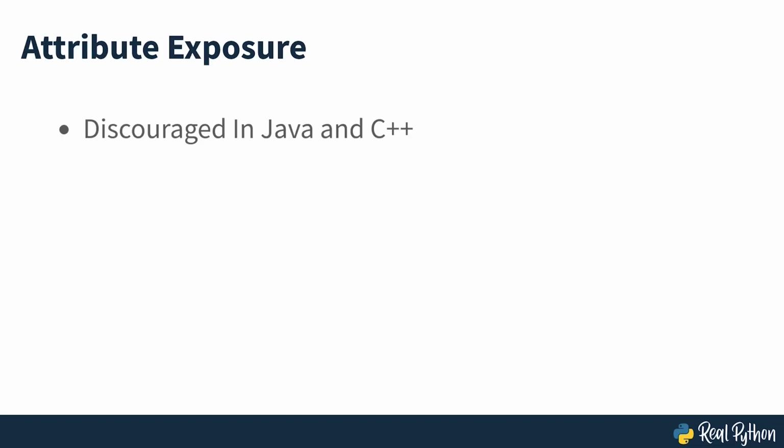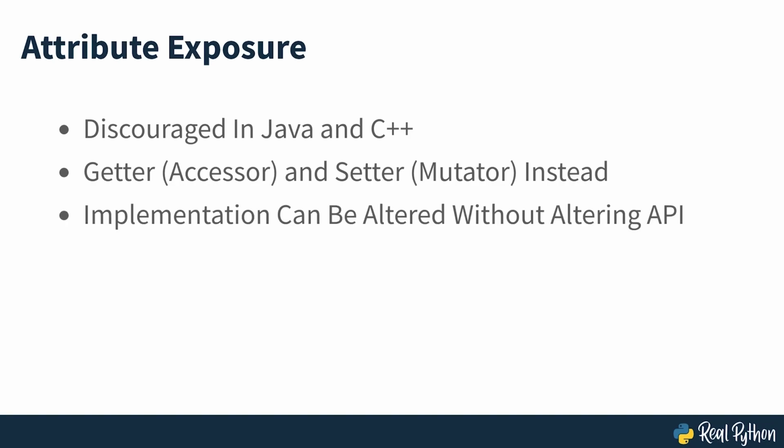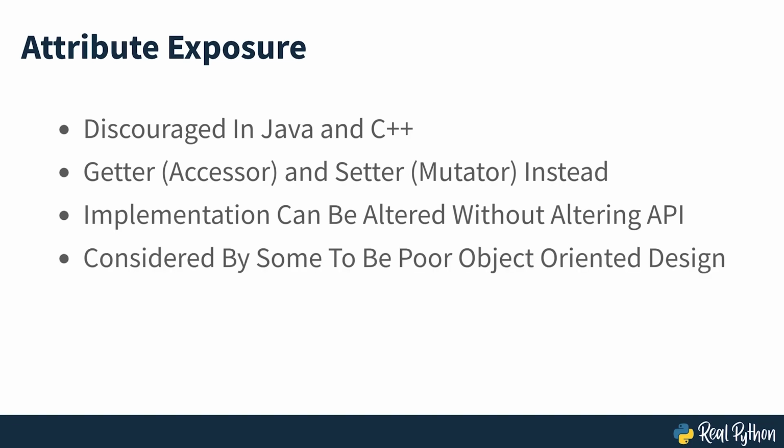Programming languages such as Java and C++ encourage you to never expose your attributes to avoid this kind of problem. Instead, you should provide getter and setter methods, also known as accessors and mutators respectively. These methods offer a way to change the internal implementation of your attributes without changing your public API. Note that getter and setter methods are often considered an anti-pattern and a signal of poor object-oriented design.